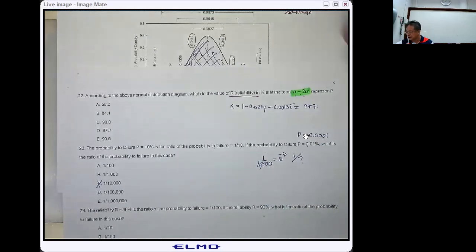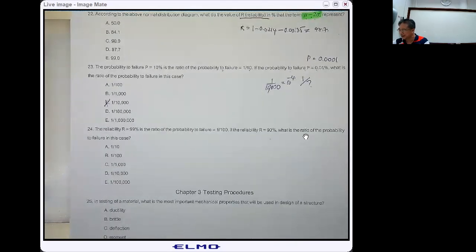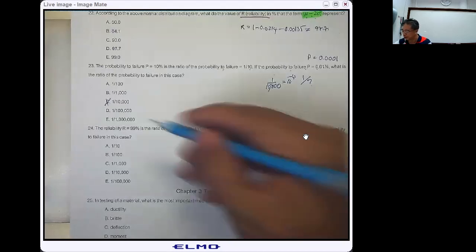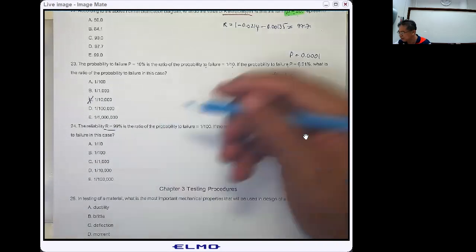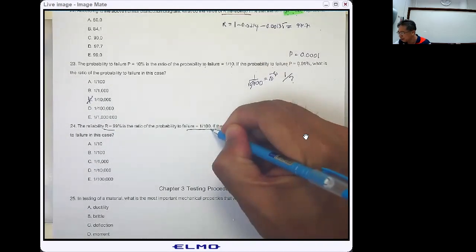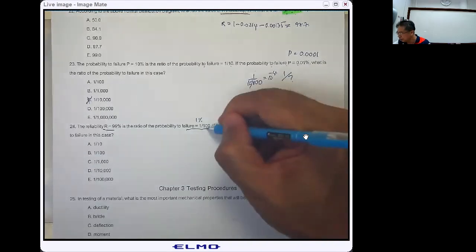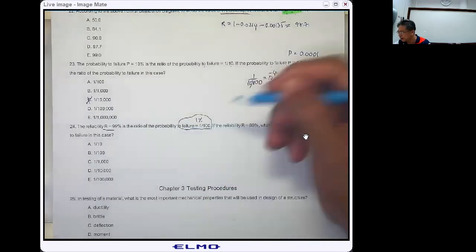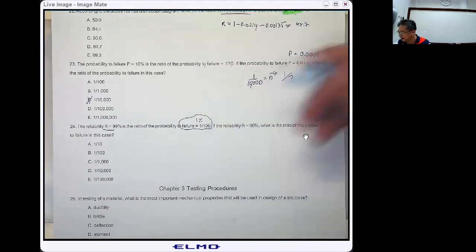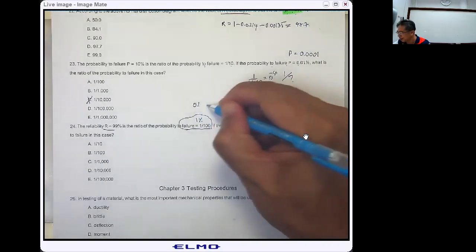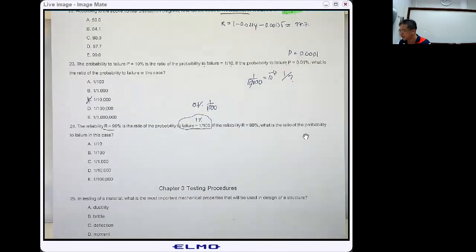Then we come to the reliability of 99%. A reliability of 99% is equal to a probability of failure of 1%. A 1% probability of failure is 1 over 100. If it's 0.1%, that is 1 over 1,000.